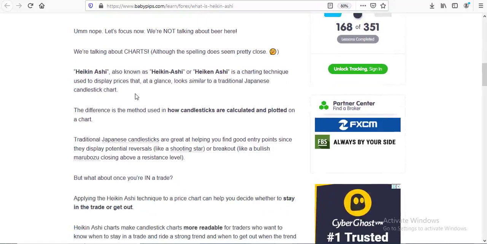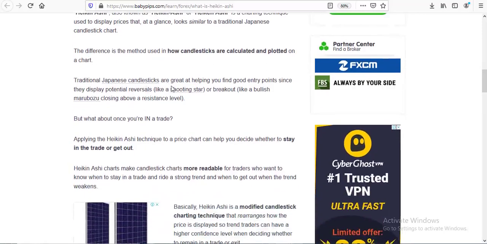Okay, the Heikin Ashi, which is also known as Heikin Ashi, like I say, is similar to the Japanese candlestick chart pattern, okay, but the difference is the method used in how candlesticks are calculated and plotted on the charts. So like the Japanese candlesticks are great to help you find entry points because they give us patterns like the shooting star, the bullish marubozu, and all that.